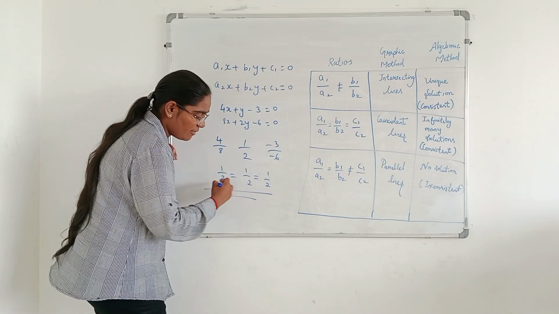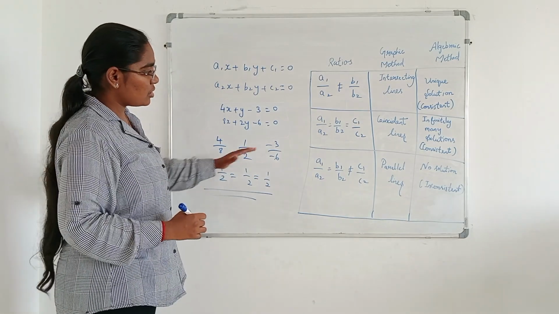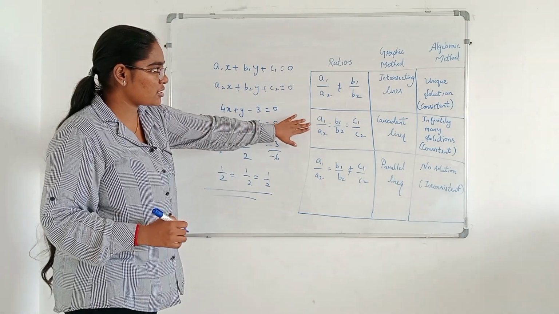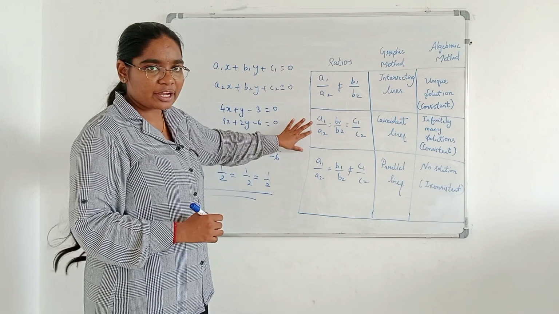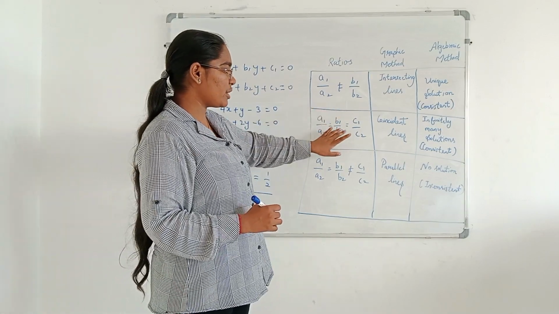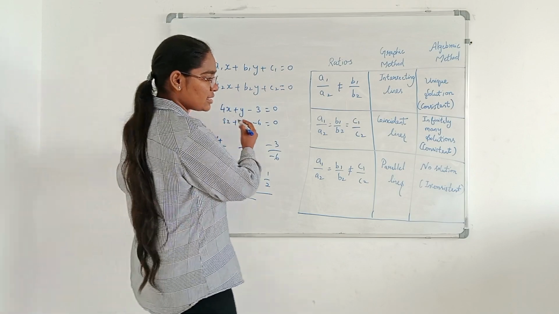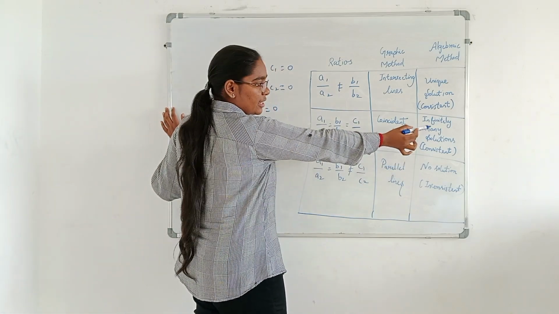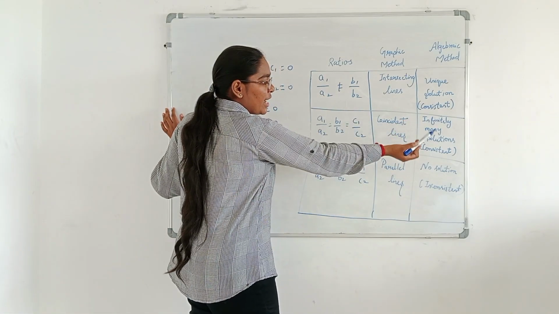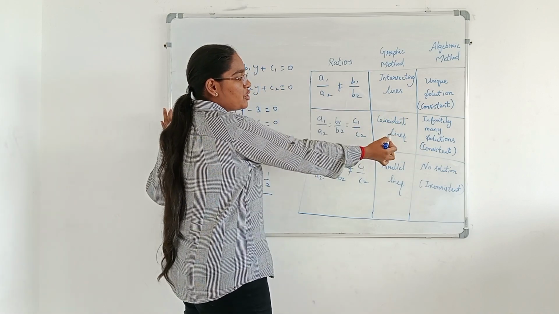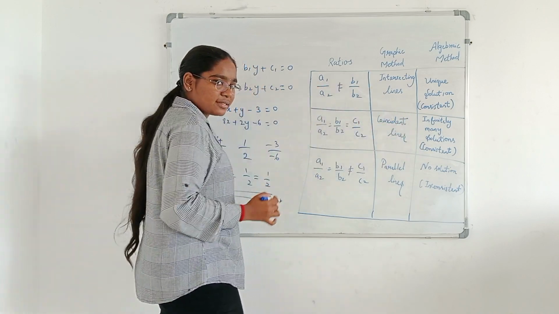So these three values are equal. According to the rule, a1 by a2 equal to b1 by b2 equal to c1 by c2, the equations are consistent and have infinitely many solutions. In the graphical method, you will obtain coincident lines.